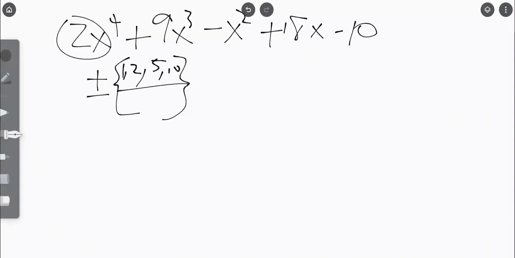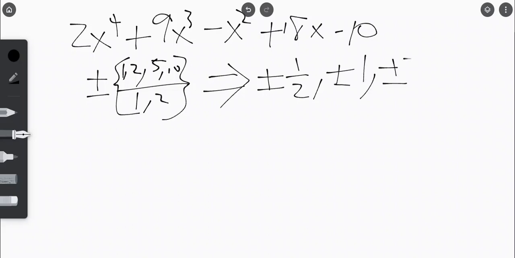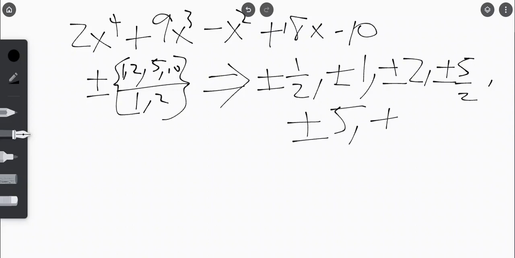And our leading coefficient is 2, which has factors 1 and 2. This means our possible list of rational roots are plus or minus 1/2, plus or minus 1, plus or minus 2, plus or minus 5/2, plus or minus 5, plus or minus 10.